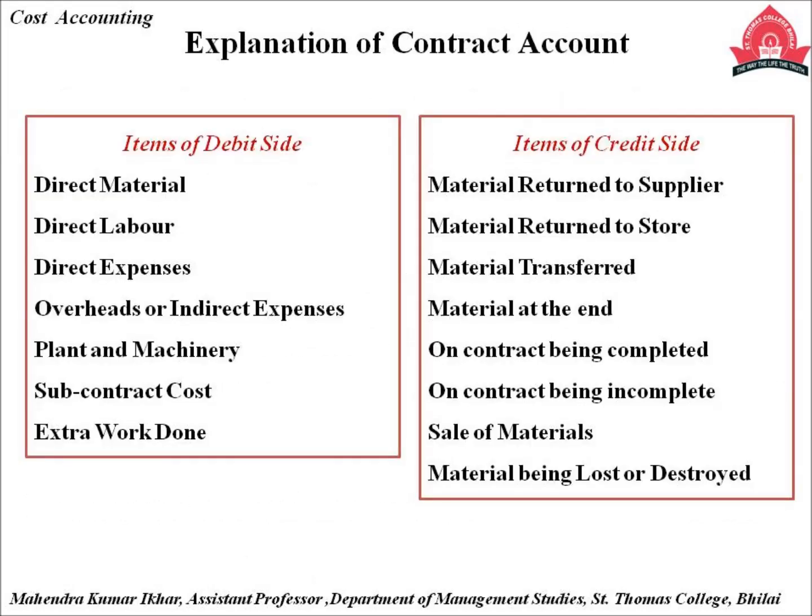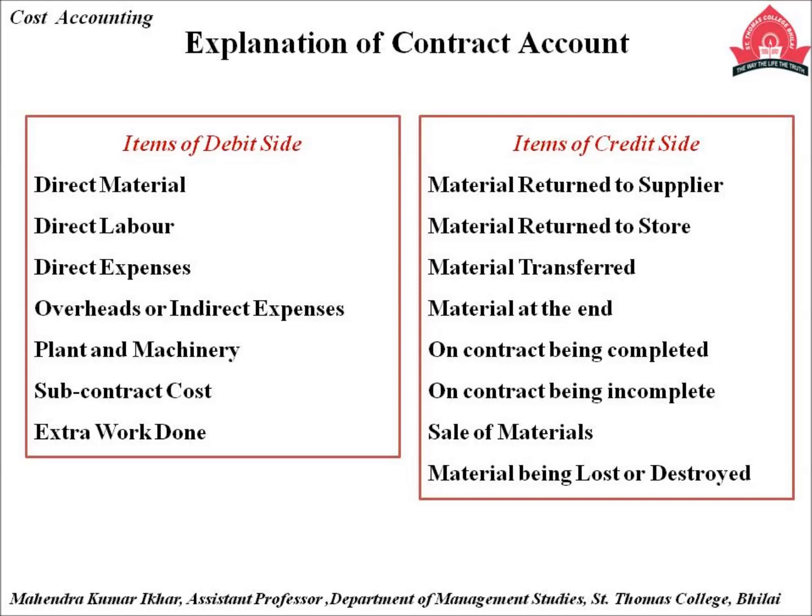Now these are the two sides of the explanation of contract account. As it is an account based on the double entry system, we have the debit side and the credit side. The debit side includes all those items which are charged in a particular contract, say material, labor, expenses, overheads or indirect expenses, plant and machinery, subcontract cost, and extra work done.